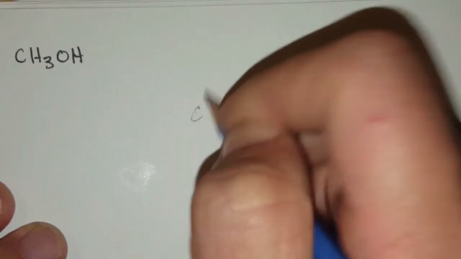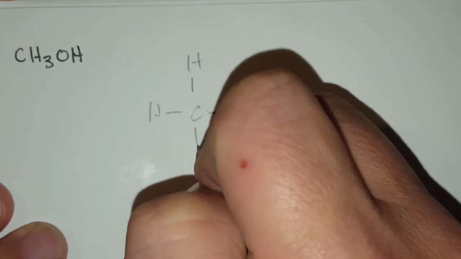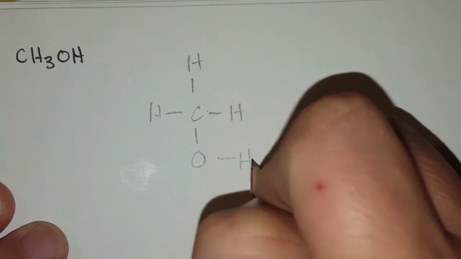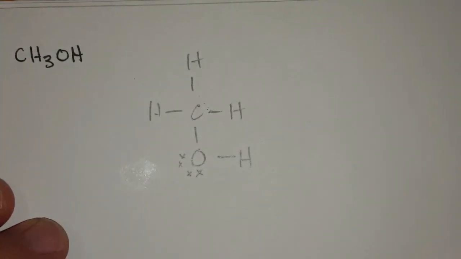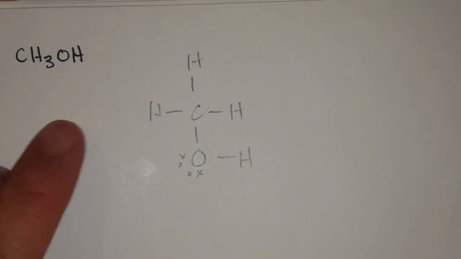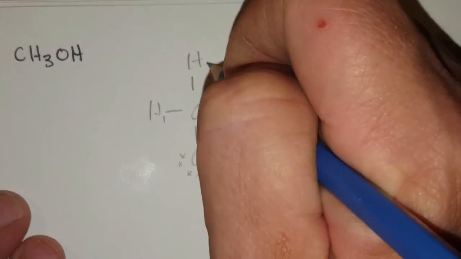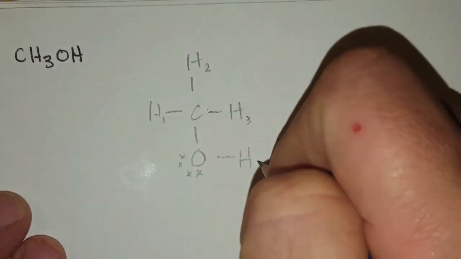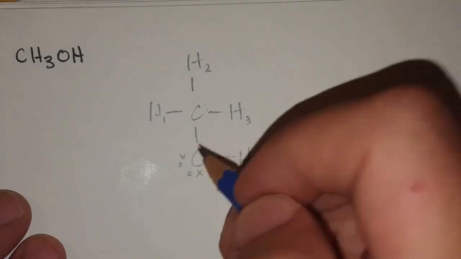We know carbon is my central atom, bonded to 3 hydrogens and to an oxygen, which has my 2 lone pairs. Now that I know what my Lewis structure is, I can start looking at my overlap, and again I'm just going to label my hydrogens.